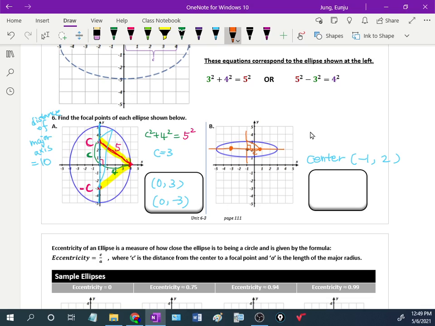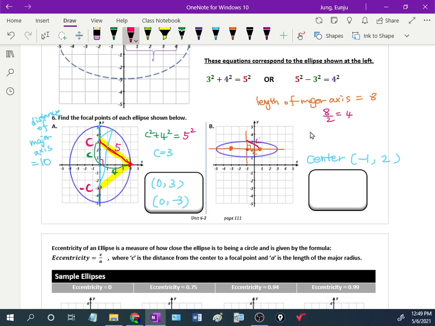So let's think about the length of the major axis. What is the length or distance of the major axis? The major axis has a distance, let's count. 8, that's right, 8. So what would be half of that length here on the hypotenuse? The hypotenuse will be half of this, right?